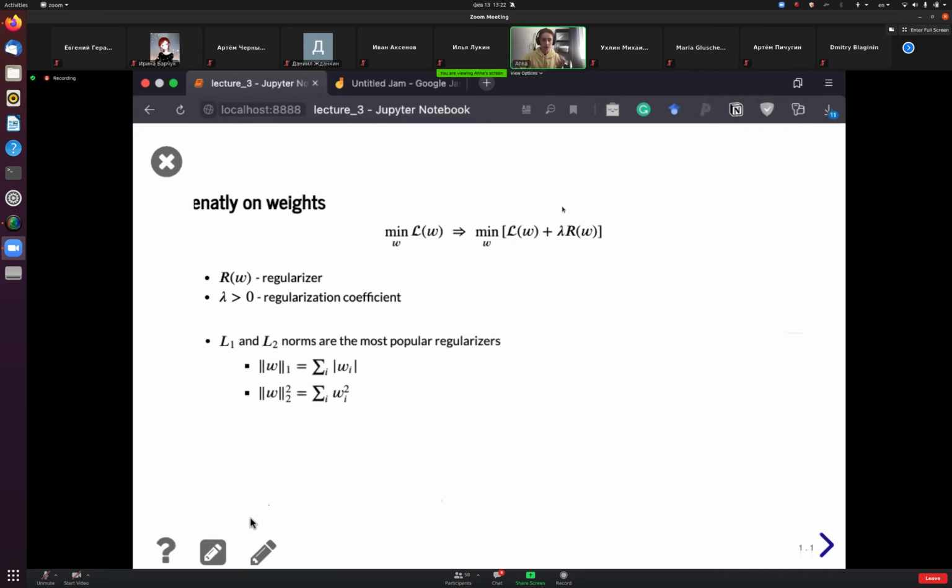How to choose the regularizer? Well, there are two ways to go. You can choose other ways, but these two are the so-called conventional ones that are mostly used in practice. They are L1 and L2 norms. L1 norm is just the sum of absolute values of your weights, and L2 norm squared is the sum of squares of the weights. So again, we have our cost function, and instead of optimizing the cost function itself, we optimize the cost function plus the penalty, which is either the sum of absolute values of weights or the sum of squares.